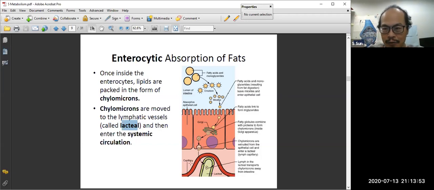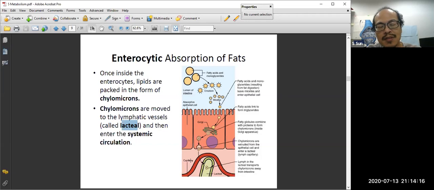So that's the absorption. And one common theme of all these three important nutrient molecules is that they are all absorbed in the small intestine and in the enterocyte. The cell's name is enterocyte. The organ is small intestine.